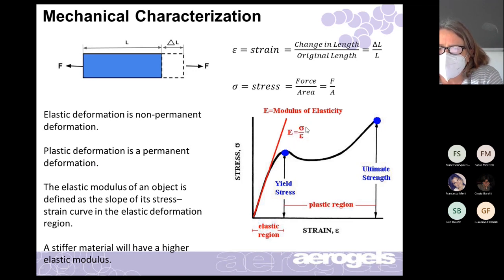And so that information is taken at very low strain rates. I'll show you some deformation plots for materials. A stiffer material will have a higher elastic modulus. That's what I see on this.